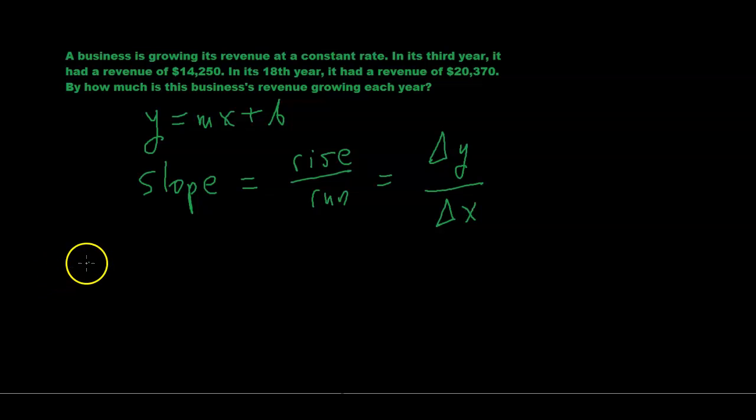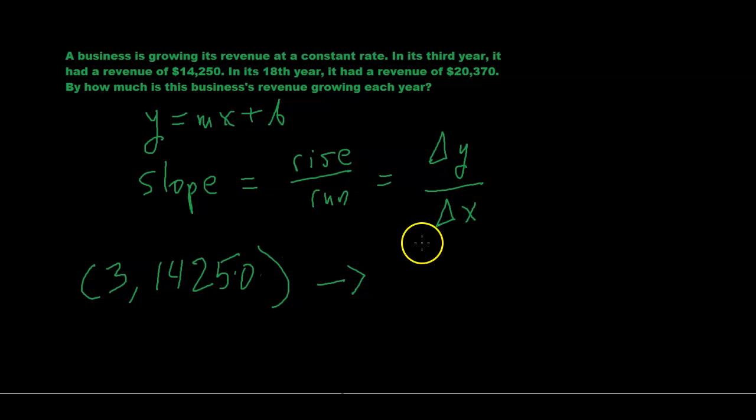One point is 3, 14,250. Let me write these coordinates without commas so we don't confuse ourselves: 3, 14250. That's one data point, because we know in the third year there's a revenue of 14,250.